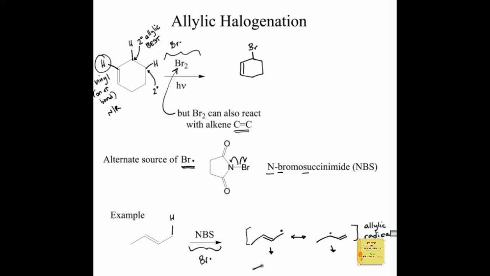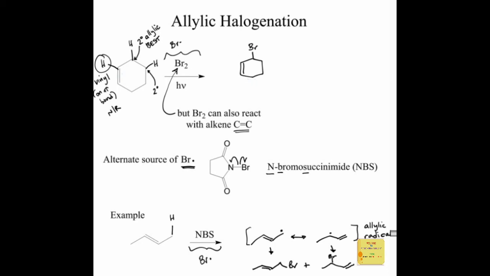We're going to get a product where the bromine has added to the end carbon, right where we had the original hydrogen, but we can also get a product where it has added to a middle carbon. Now that could have happened up here as well. This was resonance stabilized, but because it was a symmetrical molecule, they would both lead to the same product.